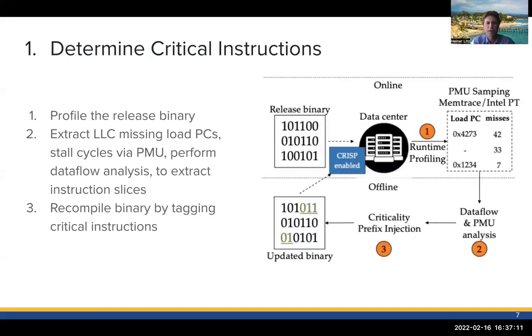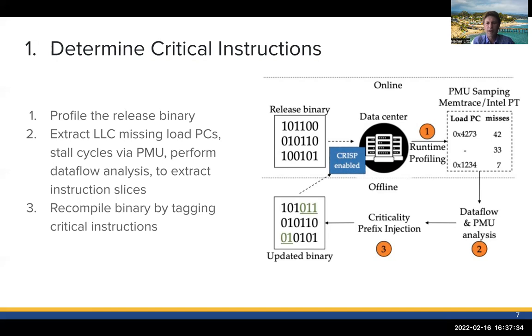Let's provide some more details on these three steps. So first, we need to determine the critical instructions, those that we want to prioritize by the scheduler. This requires to monitor all the loads that a program exhibits to count its execution frequency and miss rates.